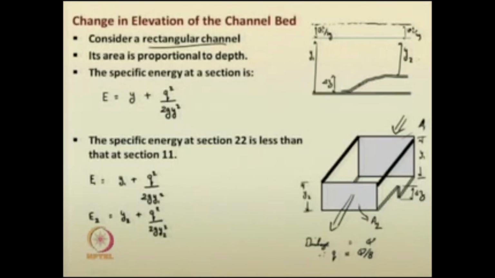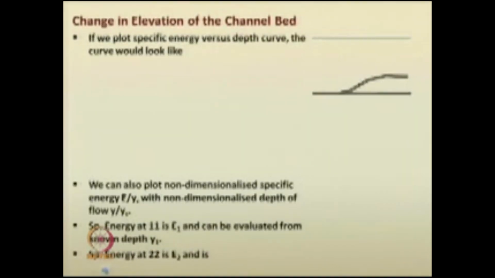From both of these diagrams, it is quite obvious that E1 minus E2 is equal to, based on the various assumptions given, nothing but the hump height del z. I will explain it again. Just go through this.